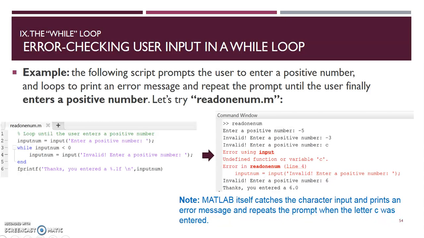Because this is within a while loop, the same process will be repeated until the user enters a positive number. This way we make sure that our program will not continue with a wrong input from the user. It means a negative number. So let's start running the script.